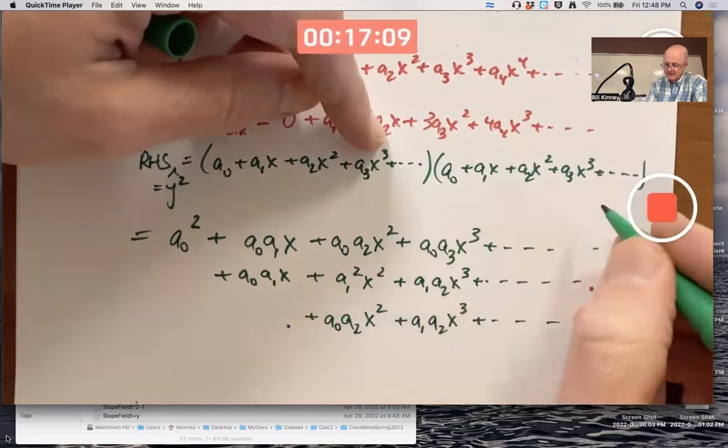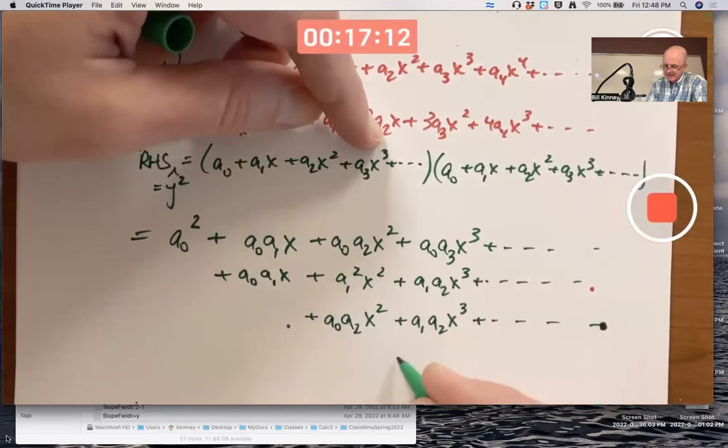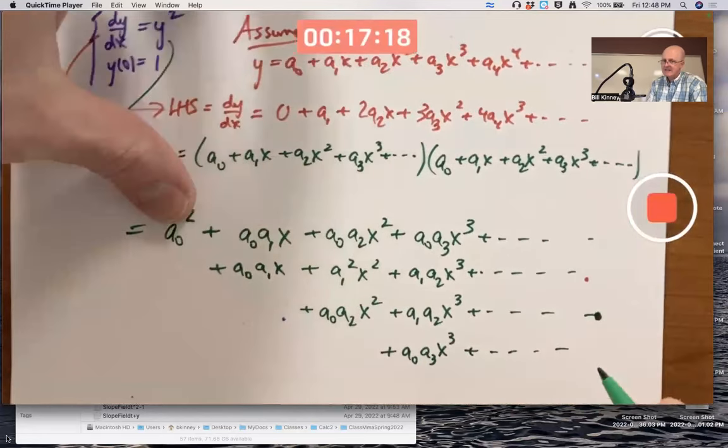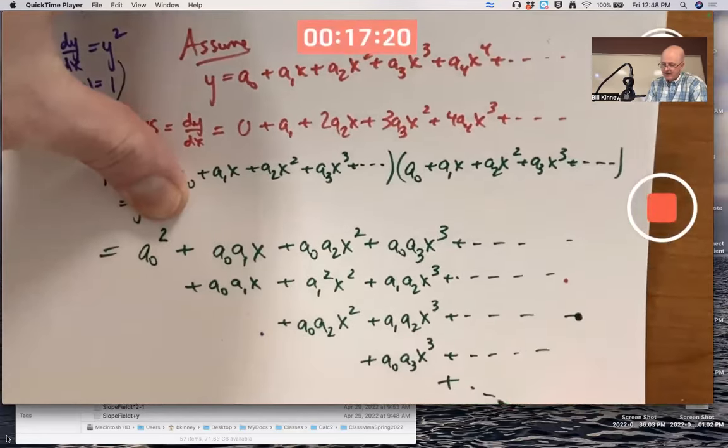A3x cubed times the first term is A0 A3x cubed, etc. And this is supposed to go on forever and ever.